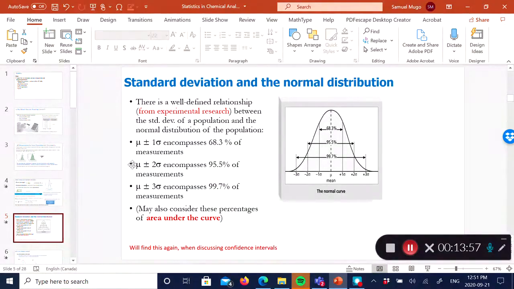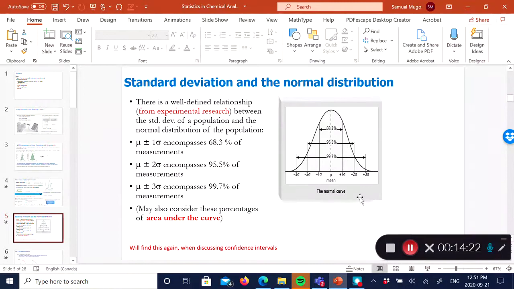On the other hand, mu plus minus 2 sigma, where sigma is the standard deviation, encompasses up to 95 percent of the area under that peak. And mu plus minus 3 sigma entails nearly 100 percent of the area under that peak.